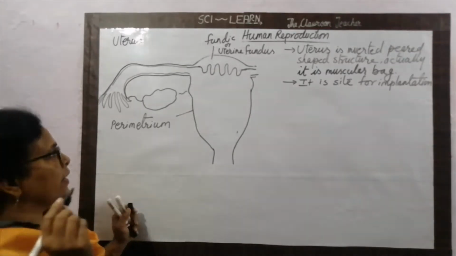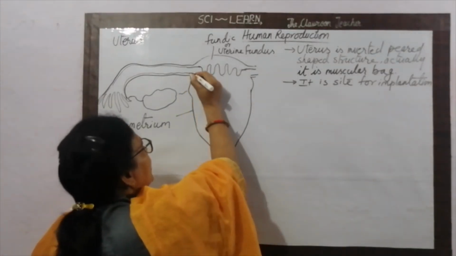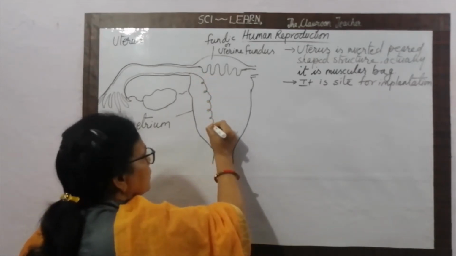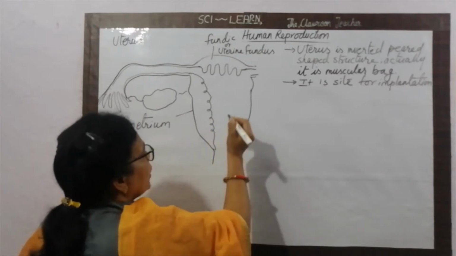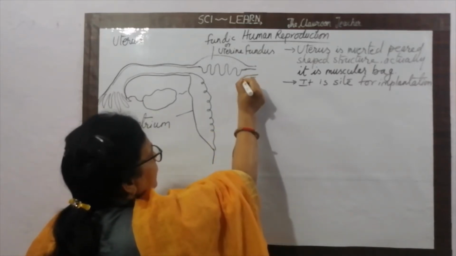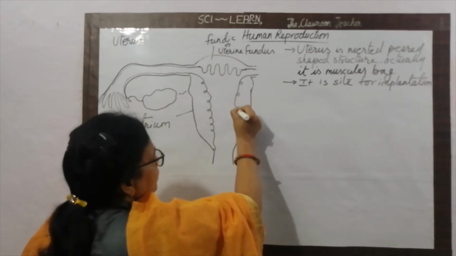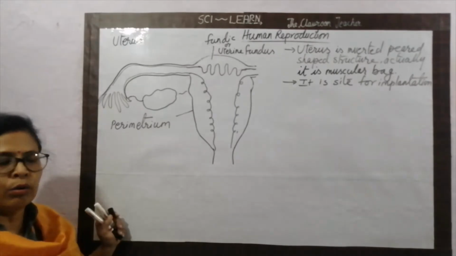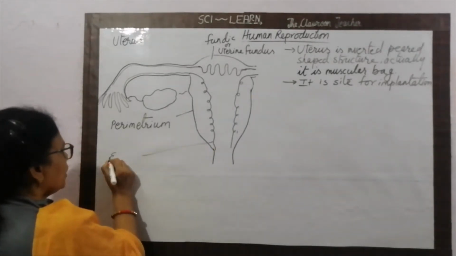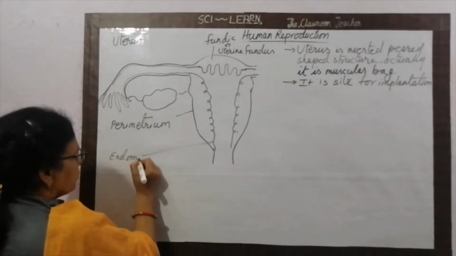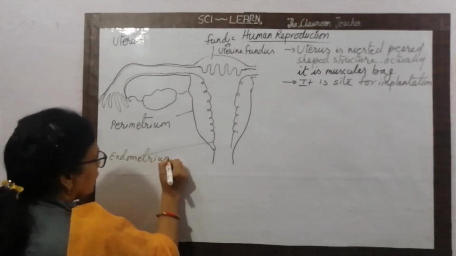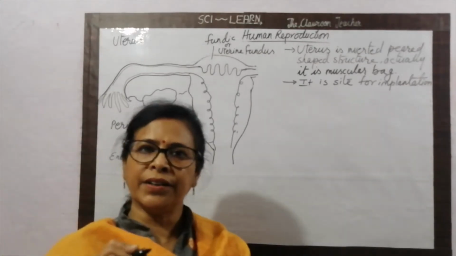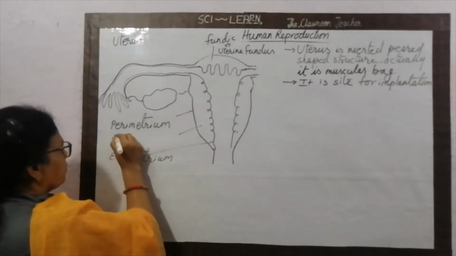The inner side is a folded structure, and this is called the endometrium. In between these two, the middle layer is the myometrium.